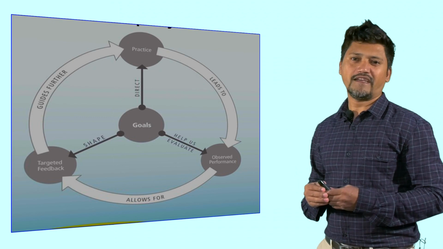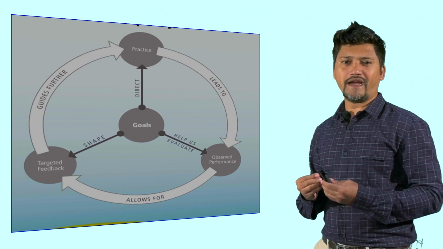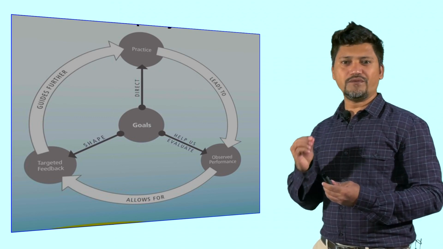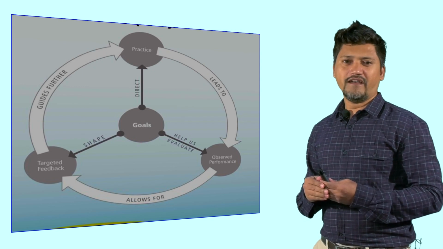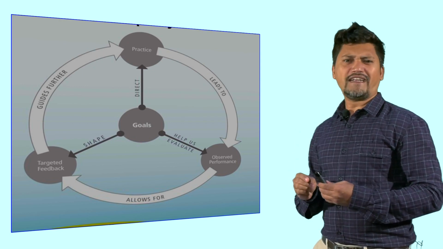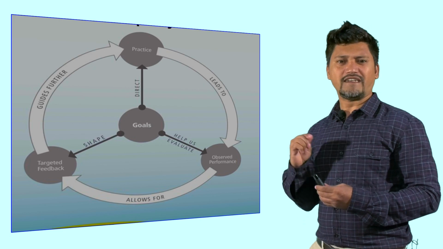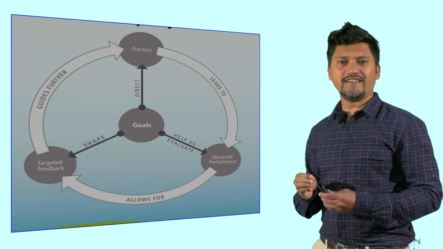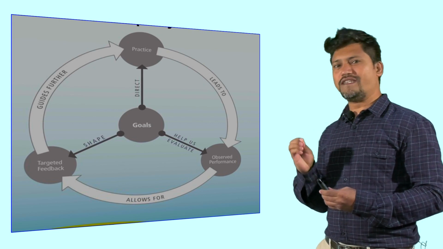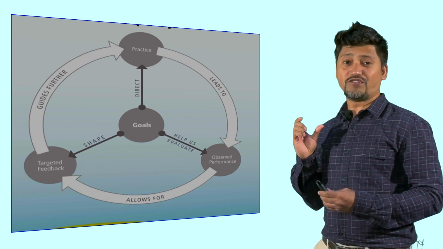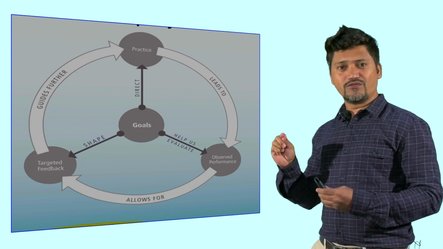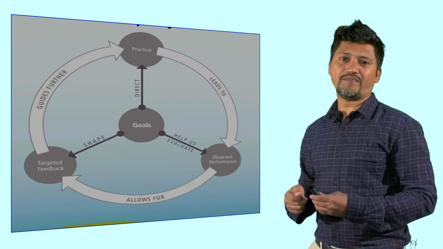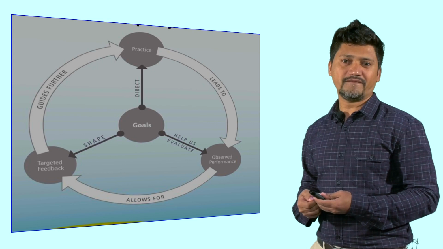Then the next principle of learning is goal-directed practice coupled with targeted feedback, which enhances the quality of students' learning. How can we provide targeted feedback within the constraints that we have? First, we need to realize that the practice needs to be goal-directed. There has to be a set goal. It is this goal that directs the kind of practice learners need to undertake.